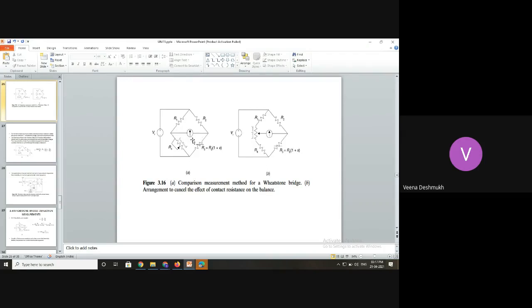So which gives rise to some deflection in the galvanometer or the current meter which is connected here. So because of the potential difference, naturally some current starts flowing in this path. This gives rise to the deflection.